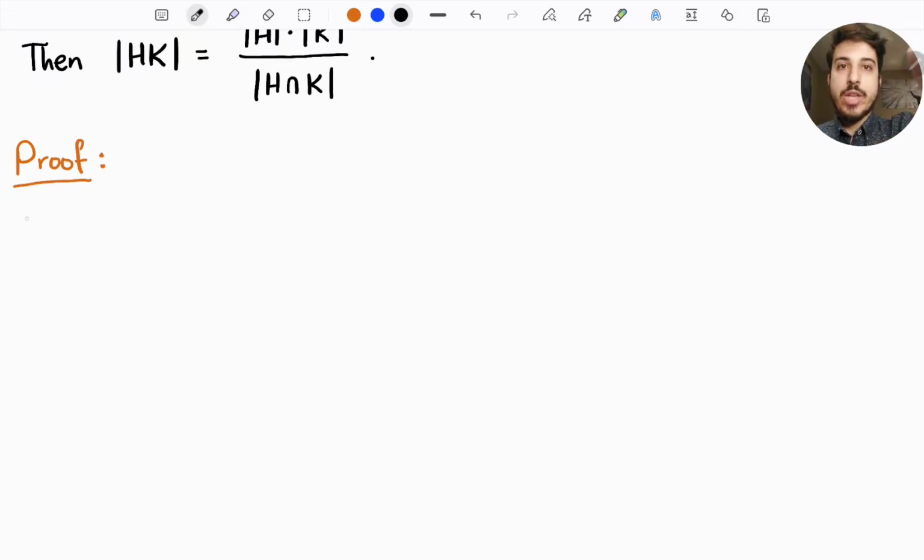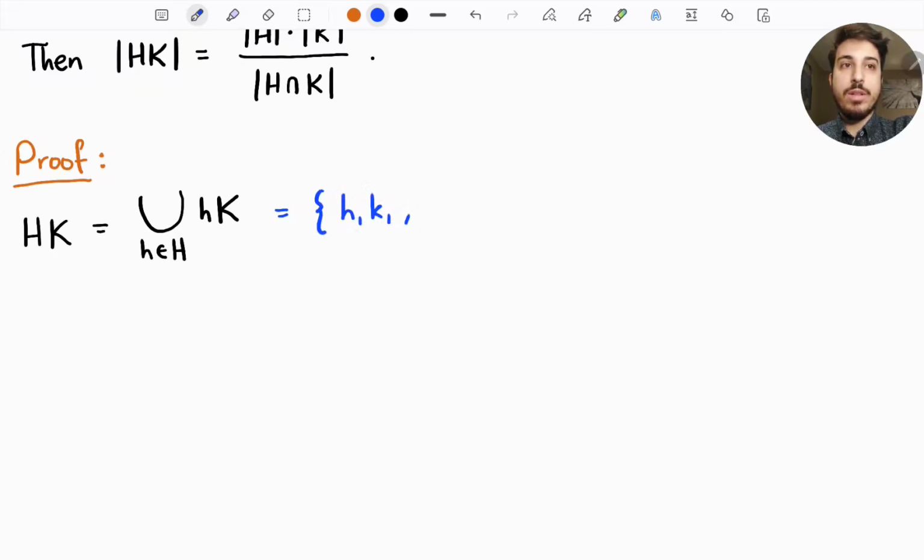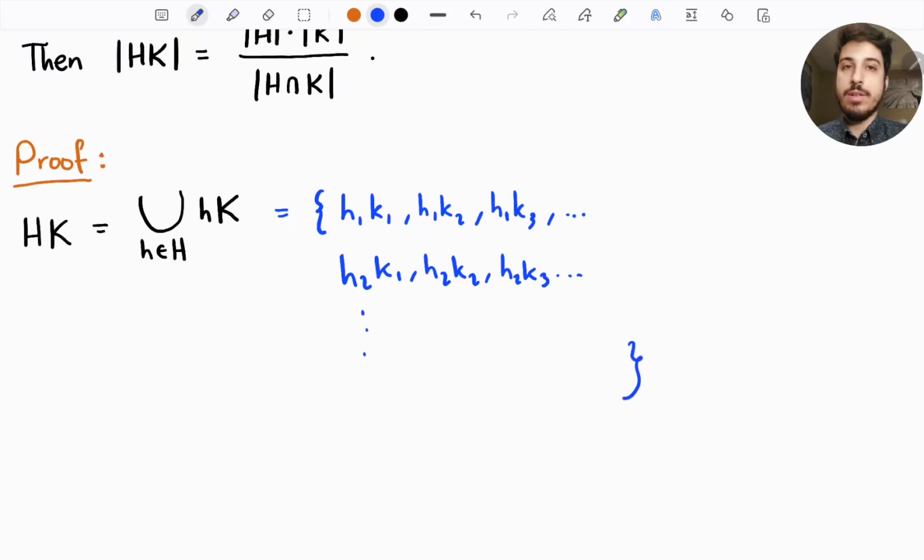We will say that HK is equal to the union of small h times big K as h ranges through H. So essentially saying this is equal to h1 times k1, h1 times k2, h1 times k3, all the way until we finish all the elements of K, and then we start with h2, and then we repeat the same process: h2 times k1, h2 times k2, h2 times k3, all the way, and then h3, h4, until we finish all the elements of H and of K together. So this is nothing but a rearrangement of the elements of HK.